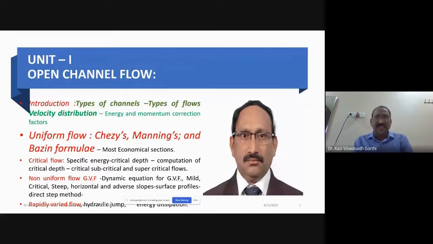To account for this, a factor known as the kinetic energy correction factor alpha, and similarly the momentum correction factor beta, are introduced. In the previous classes, we deduced the expressions for the kinetic energy correction factor alpha and the momentum correction factor beta, followed by working out the calculations for alpha and beta in some of the shaped channel sections.